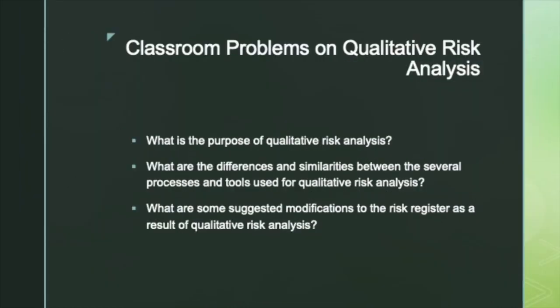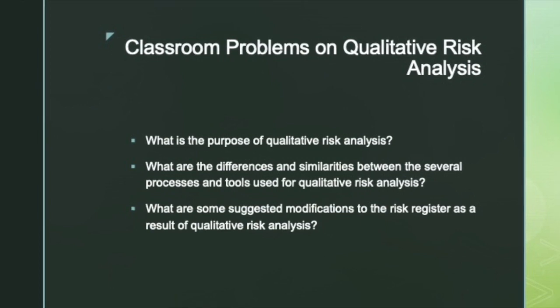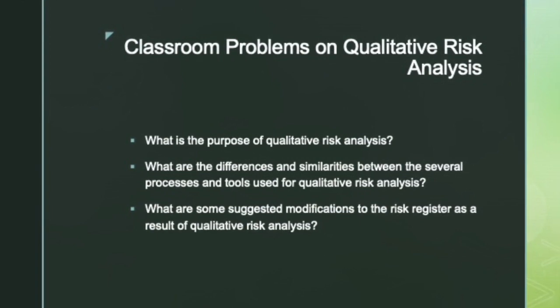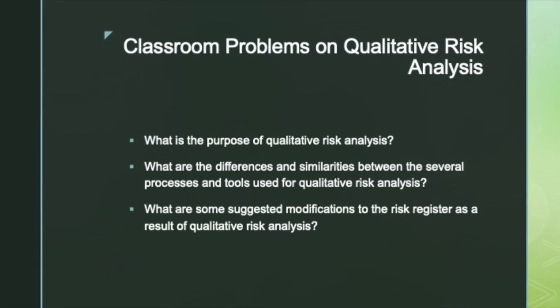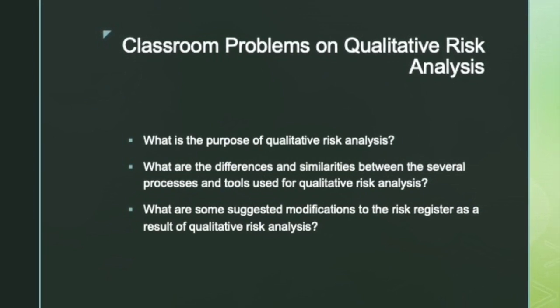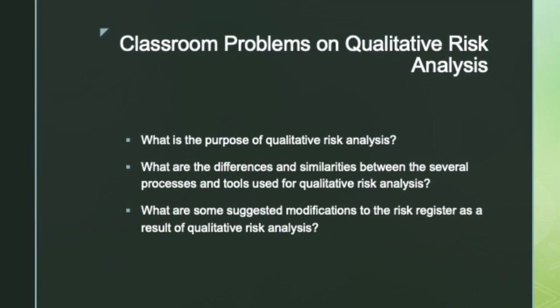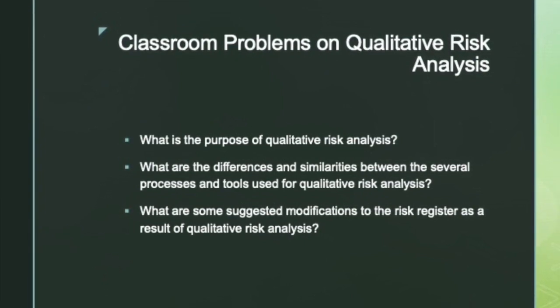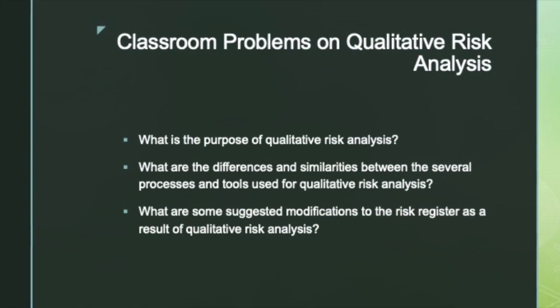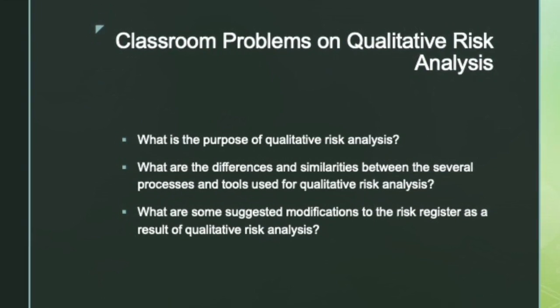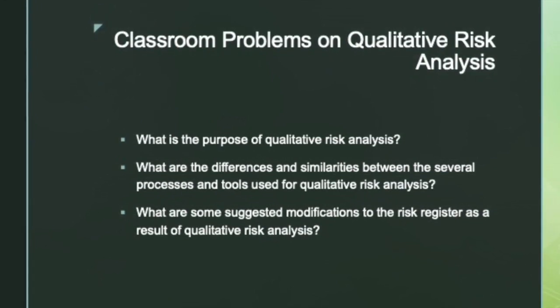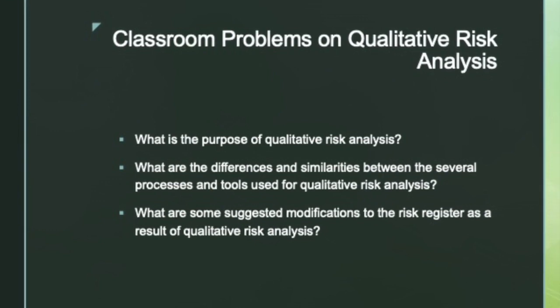Some common classroom questions around qualitative risk analysis are: what is the purpose of qualitative risk analysis? We discussed this early on: we want to do an initial risk prioritization, so we know where to spend more time later on. What are some of the differences and similarities between the several processes and tools used for qualitative risk analysis?